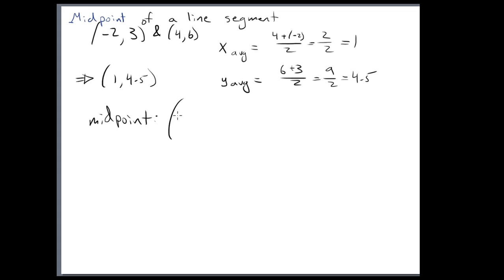So the midpoint formula is (x1 plus x2) divided by 2 is my x coordinate, and (y1 plus y2) divided by 2 is my y coordinate.